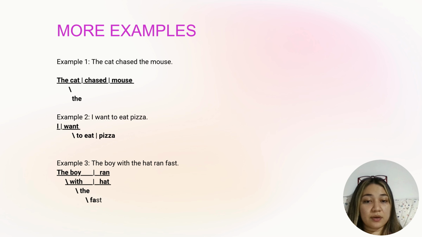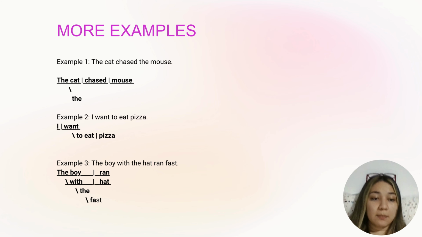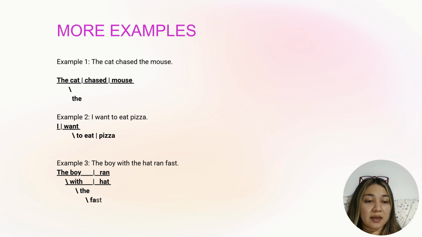And then we have the third example: "The boy with the hat runs fast." So "boy" is the subject. "The" is a complement, right? And we have "runs," which is the verb.